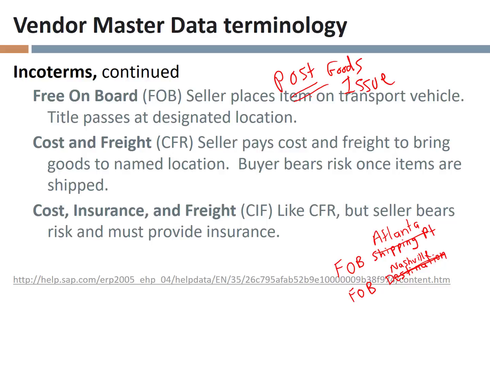If I'm sending you a truckload of paper towels, we could go back, and if there's ever a contention, we could figure out where title passes. But you might have picked them up on Tuesday, and I don't actually click the post goods issue button until Wednesday. So this is where industry practices and the nature of the product itself might dictate it.